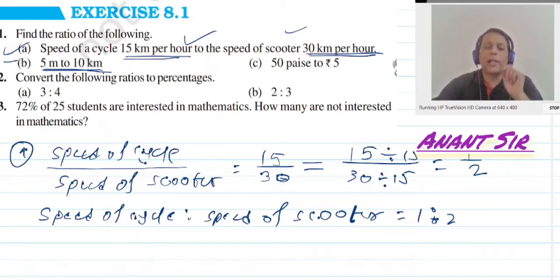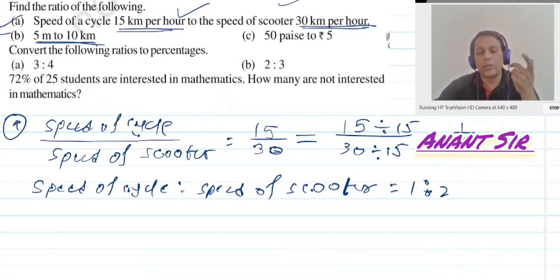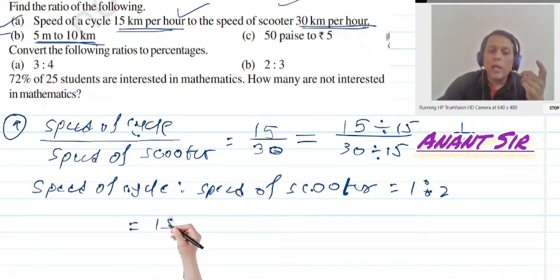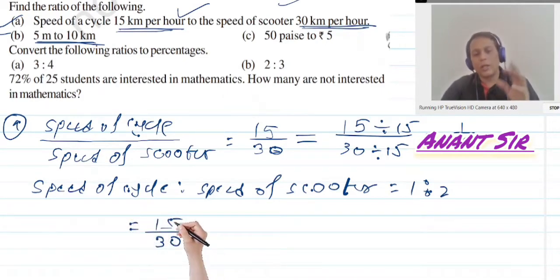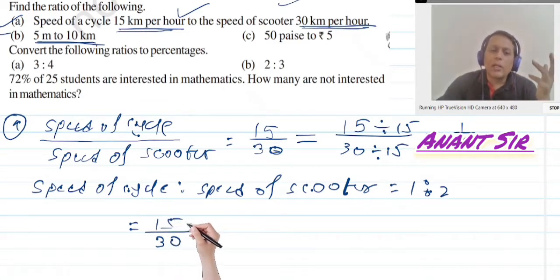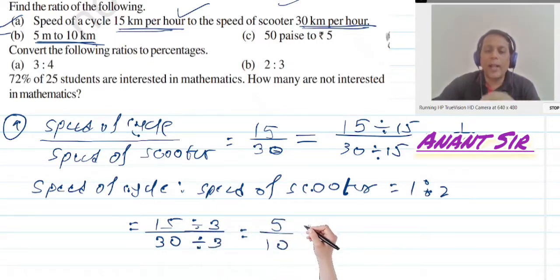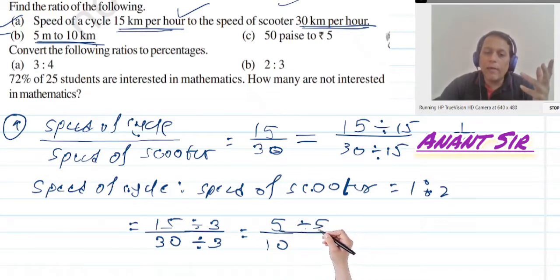But what if you don't remember that we have to divide by 15? Will your answer go wrong? For example, you have written 15 by 30 and you forgot that 15 is the greatest number. But no problem, if you divide by 3 also, it's okay. If you divide by 3, your answer will be 5 here and 10 here, right? And now you remember that you can divide both by 5 again.